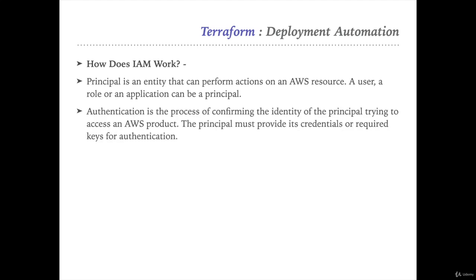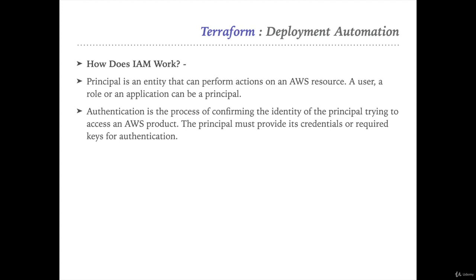Second is authentication. Authentication is the process of confirming the identity of the principal trying to access the AWS product. Whenever a principal is going to access or perform some action on an AWS resource, first that principal needs to authenticate with AWS IAM. The principal must provide its credentials or required key for authentication.